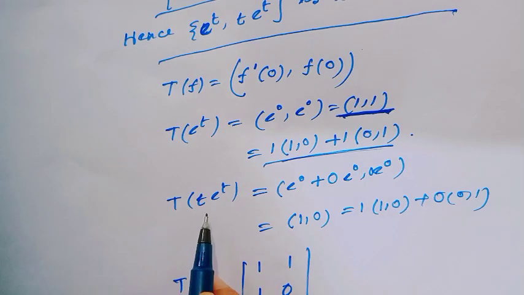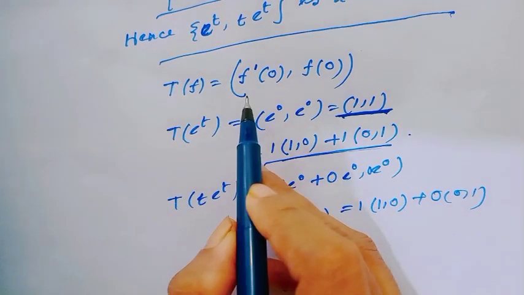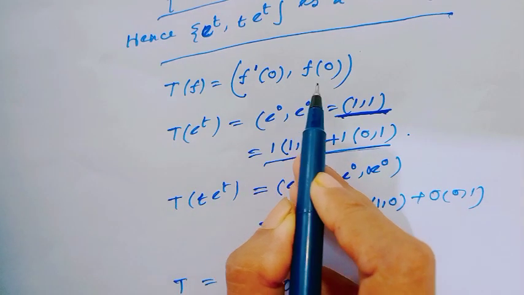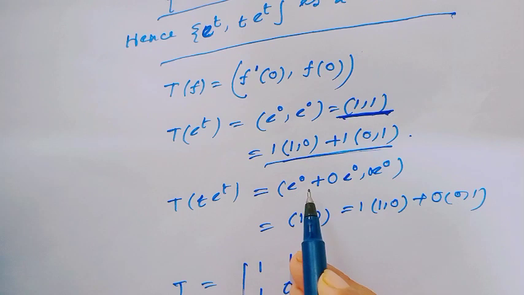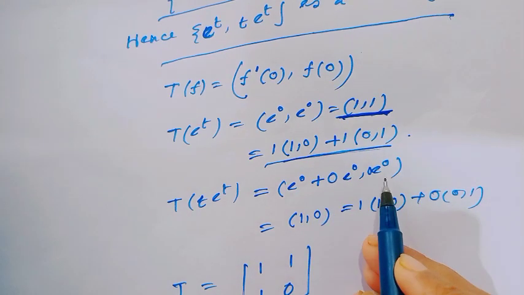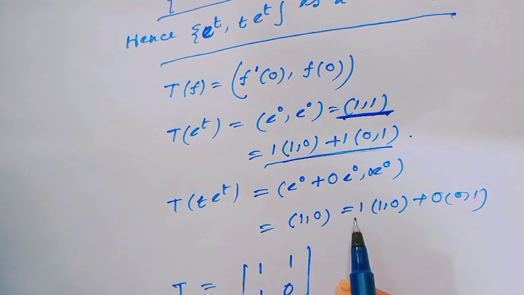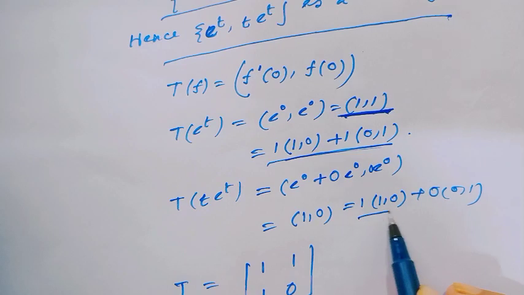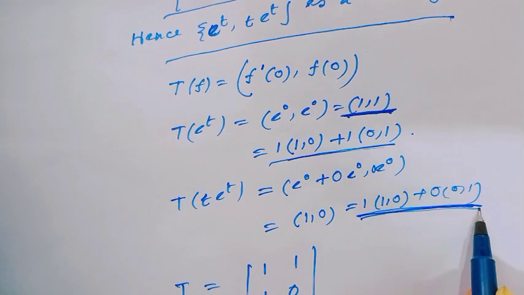Also for t e to the power t, here the mapping is (f prime 0, f 0). So this would be (e to the power 0 plus 0 times e to the power 0, 0 times e to the power 0), which is equal to (1, 0). And also we can write (1, 0) in terms of the standard basis.